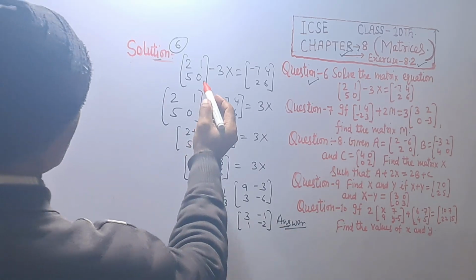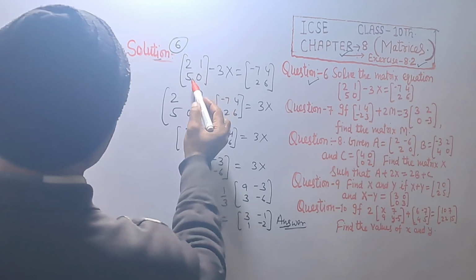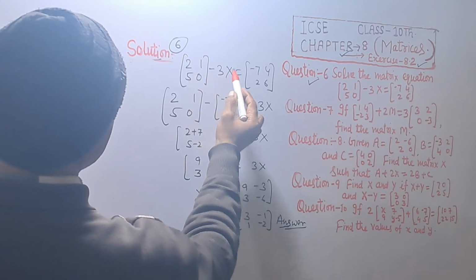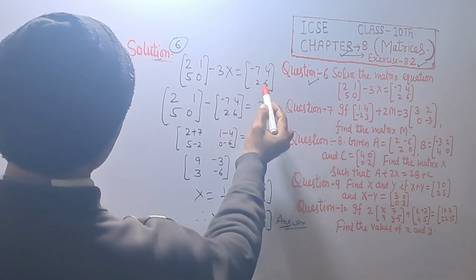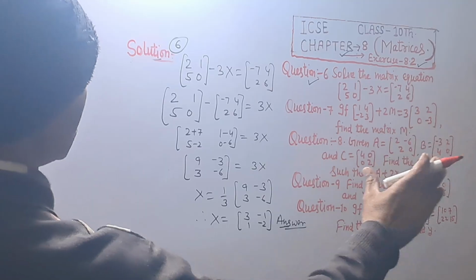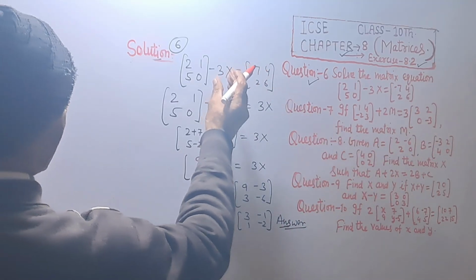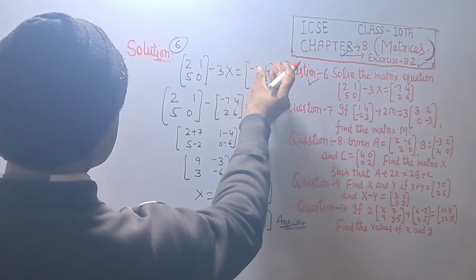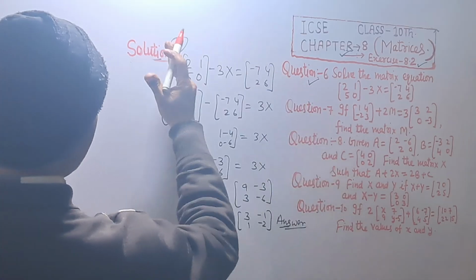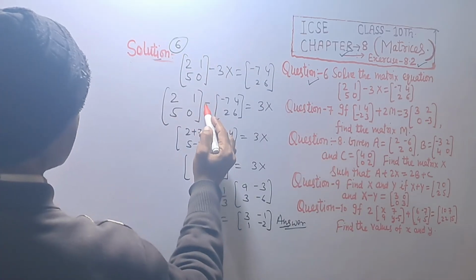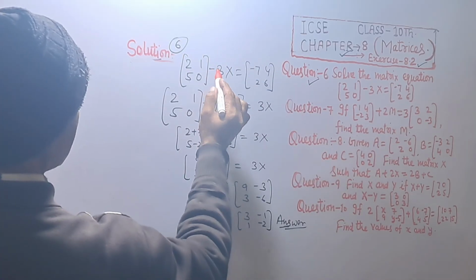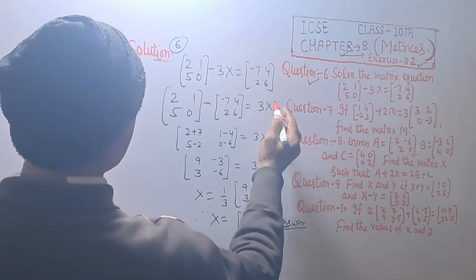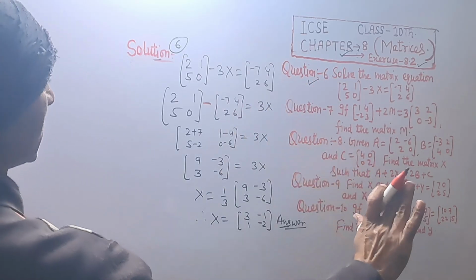Answer. Given the matrix [2, 1; 5, 0] minus 3x equal to [-7, 4; 2, 6], we find the value of x. Shifting the matrix [-7, 4; 2, 6] to the left side, it will be negative, and minus 3x shifted to the right side will be positive 3x.